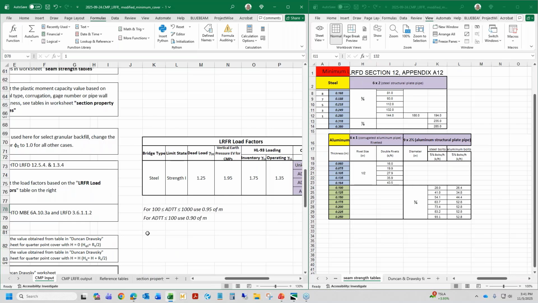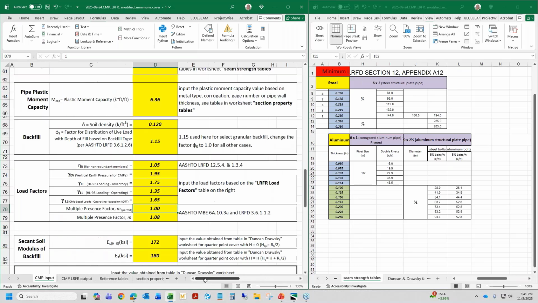We take these values and we say that for between 100 and 1,000 ADT, we use an m value of 0.95. If it's less than 100, we use 0.9. And we enter our multiple presence, which gives us the multiple presence factor. This is a factor that's used in calculating this particular factor.